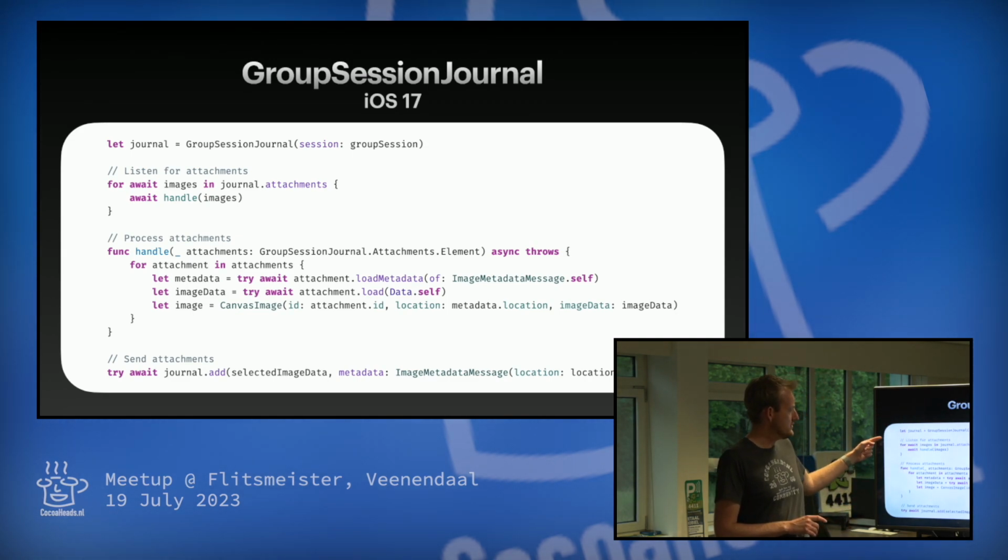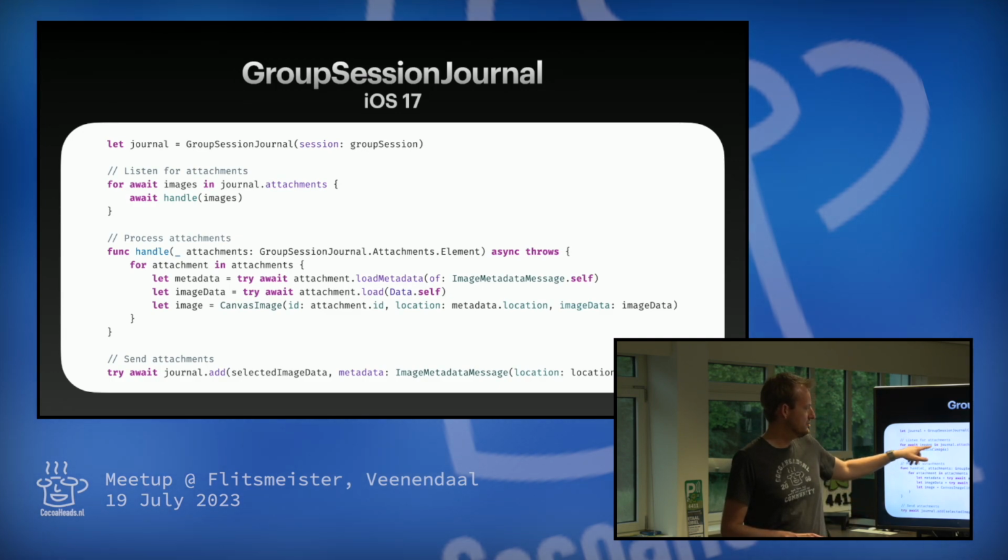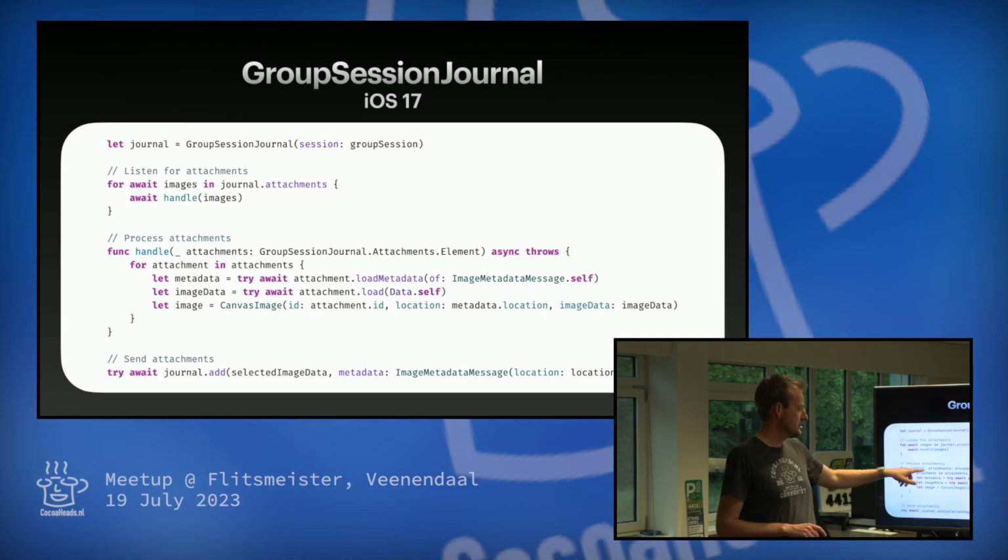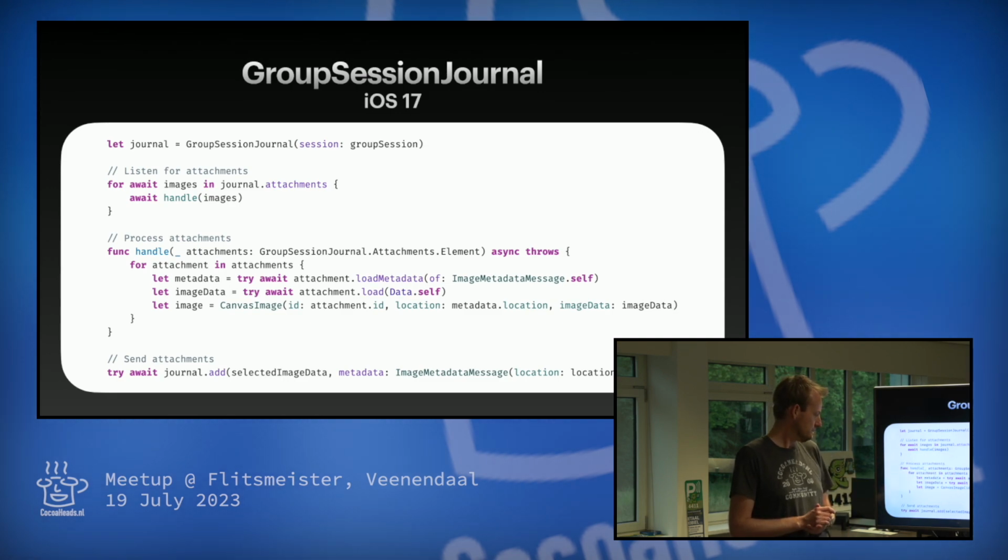So how that works is you can, again, in an asynchronous sequence, look at all the attachments that are added to the journal for this session. You get those pushed, and then you can handle that by loading all the data from there. And you can also send your own data. The API is quite similar to messages, sort of looks the same.